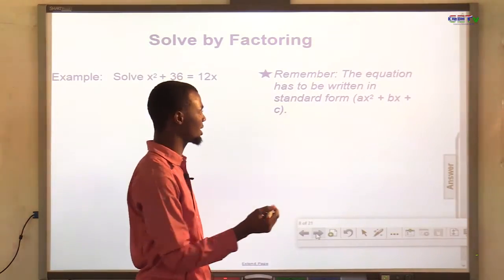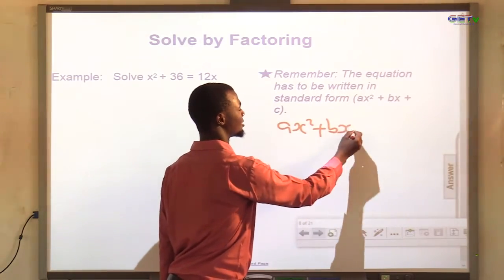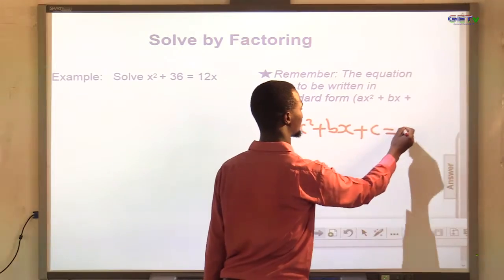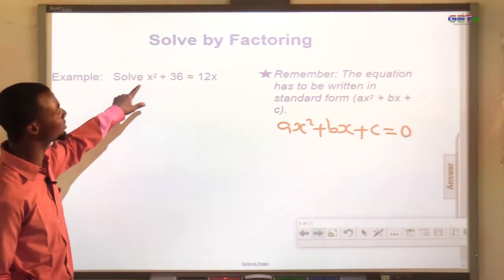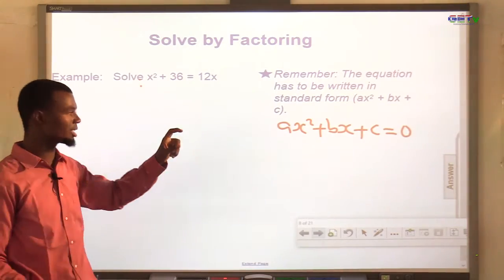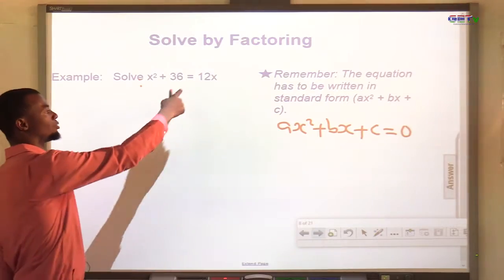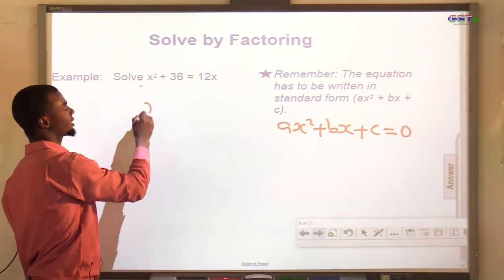That should be the equation. Look at this equation. Can we write it like that, in the standard form? Yes, we can. We have to move this, transpose it to the other side. That is x squared.